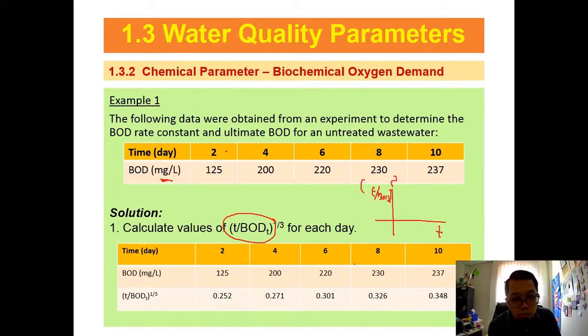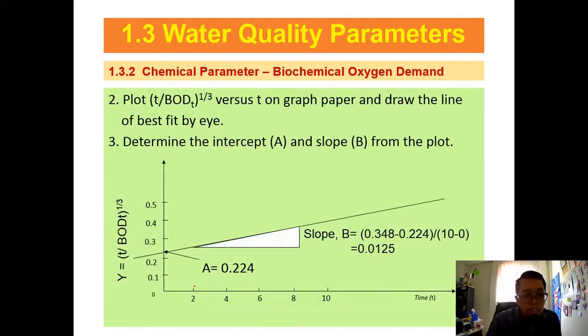So you need to plot this one, and then you get the intercept here, 0.22, and the slope here A over B. What is the value of slope? 0.125. A over B, A here divided by B here. Okay, what is the A and B here?